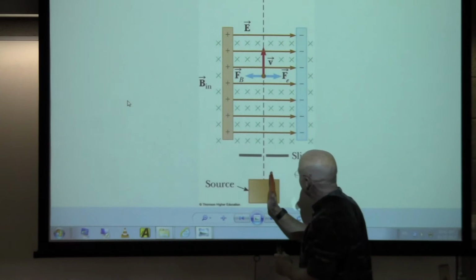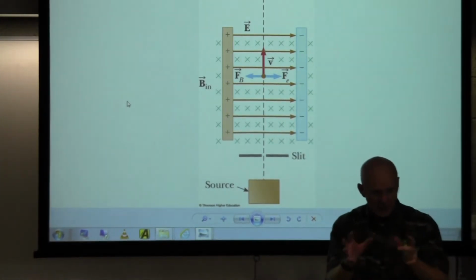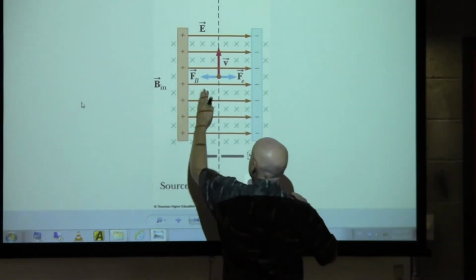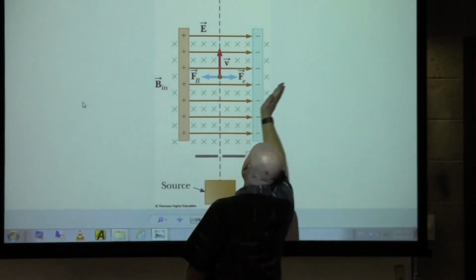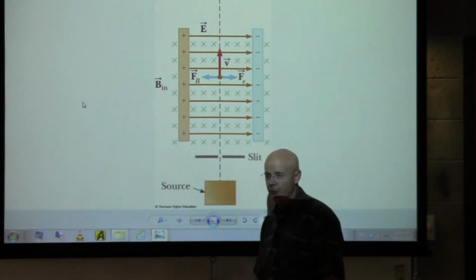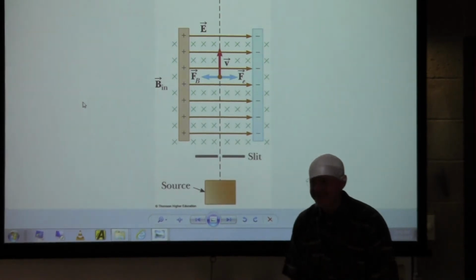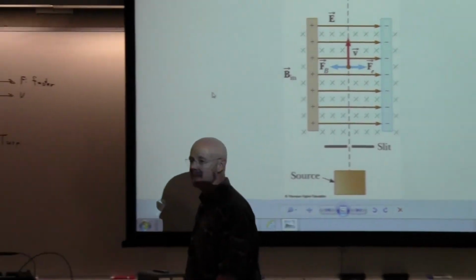And so as this proton moves through this little area of space, it's got two forces. It's got a magnetic force pushing it to the left. It's got an electrical force pushing it to the right. What if you balance those two? It goes straight. Let's do some math here.